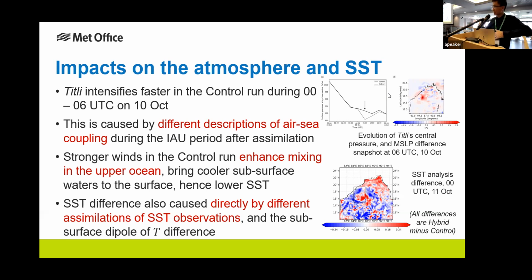And this sea surface temperature difference can also be caused directly by different assimilations of this SST observation itself, and also the subsurface dipole of temperature difference that we have just mentioned. So you can see quite a lot of factors driving these differences on the sea surface temperature and also the atmospheric representation of the cyclone as well, especially in the timing of the intensification of the cyclone.